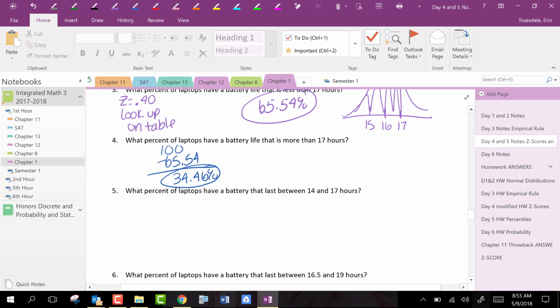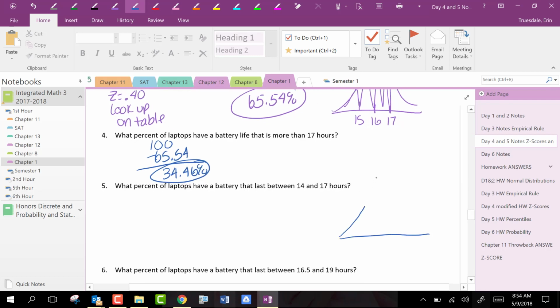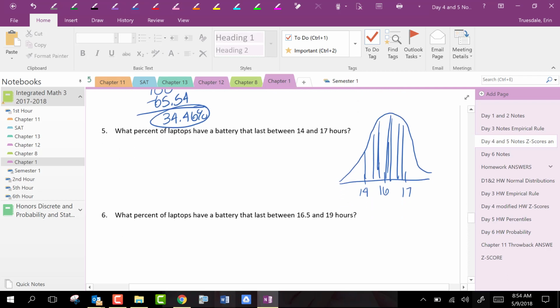What percent of laptop batteries have battery life that lasts between 14 and 17 hours? Okay, so now what I'm looking for on my normal curve is this area between 14 and 17. If I figured out what percent was less than 17, how could I figure out what's between 14 and 17?